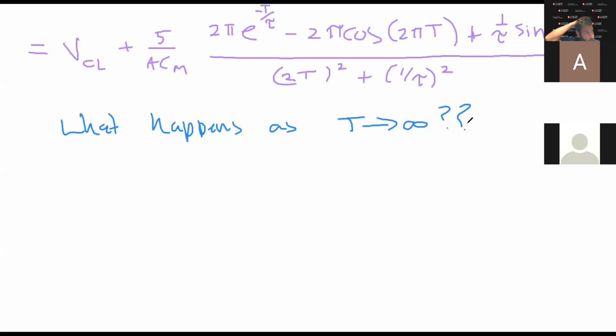Does it go back to VC sub L, its resting state? Should it? I don't know. If we're constantly injecting it, what do we expect to happen from a realistic standpoint?